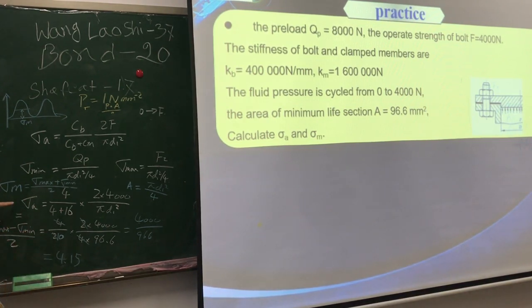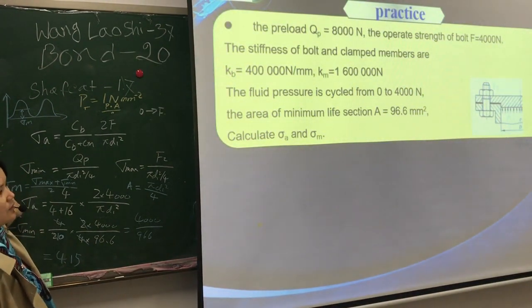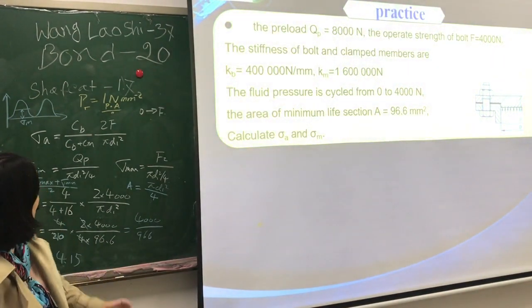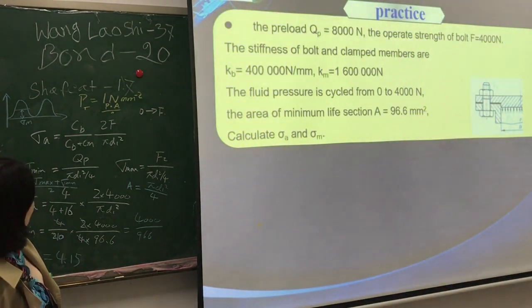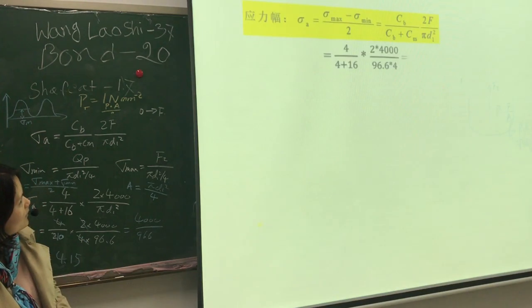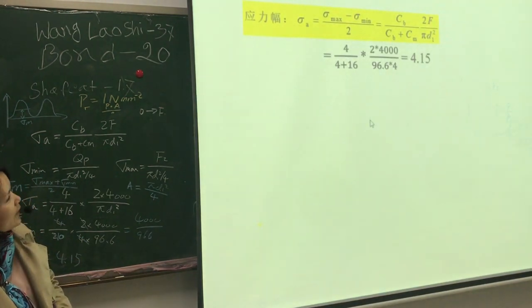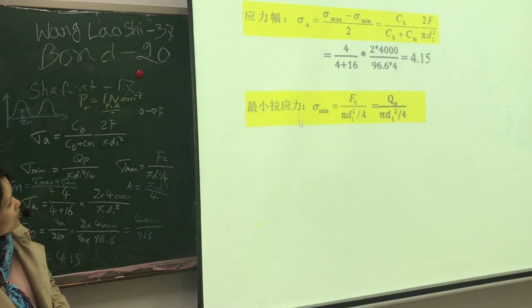Use sigma A and sigma minimum, we can calculate this. Okay, so calculate the mean stress. We can calculate the sigma mean. Okay, this is the sigma A. And we can calculate the sigma minimum.